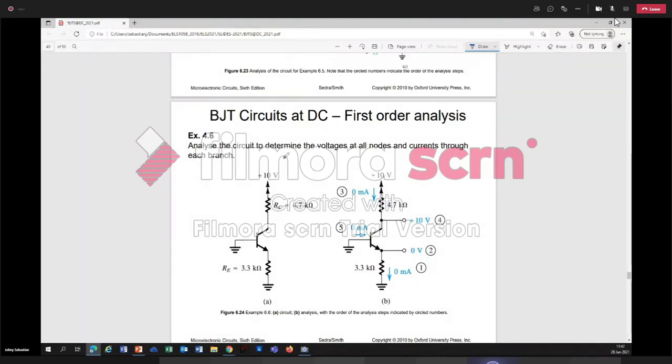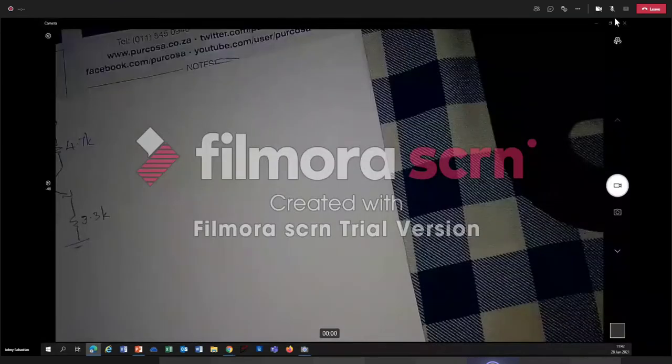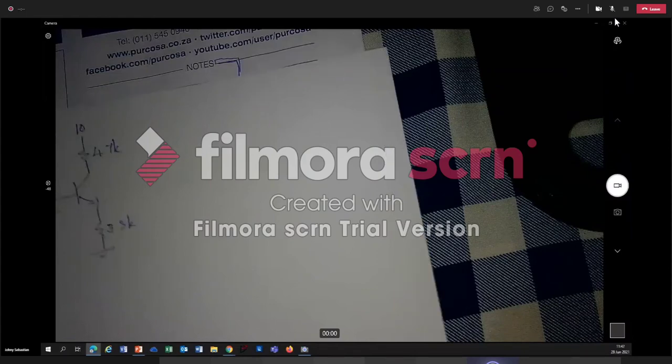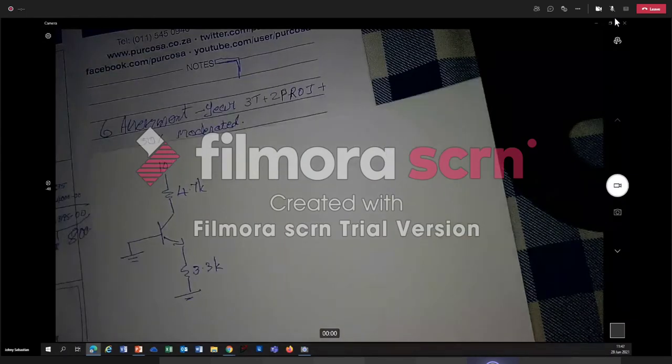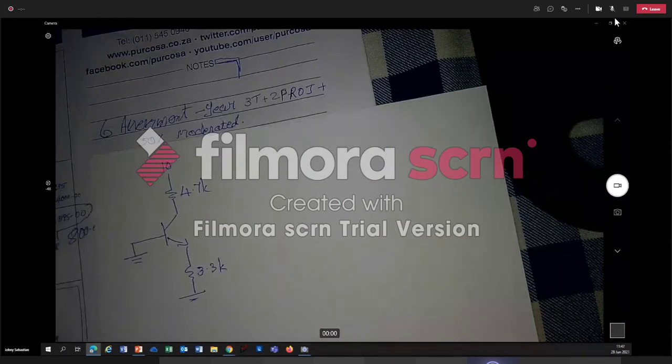Okay, let's try to work it out. This question is not giving the value of beta, but we don't just give up. If you don't work it out because there is no value of beta, you still get a 0. What's the difference between the previous circuit and this circuit?